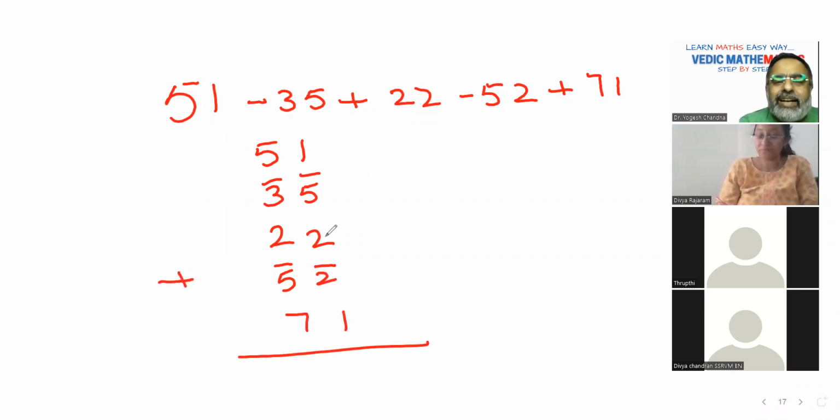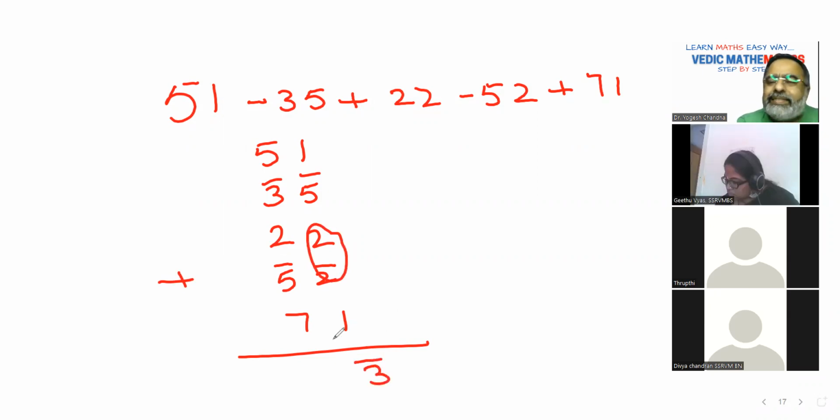Just add. I can see this can be cancelled. 2 and 3 bar. This can be cancelled. 9 minus 3 is 6. So I know 6 3 bar is 57.